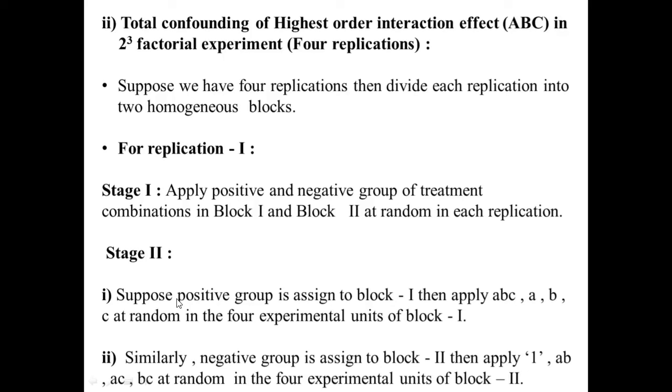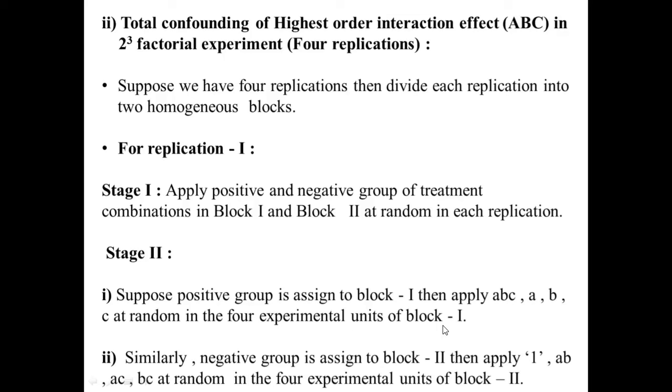And in the second stage, suppose the positive group is assigned to block 1, then ABC, A, B and C are the positive treatment combinations. So we apply these positive treatment combinations at random in the 4 experimental units of block 1.